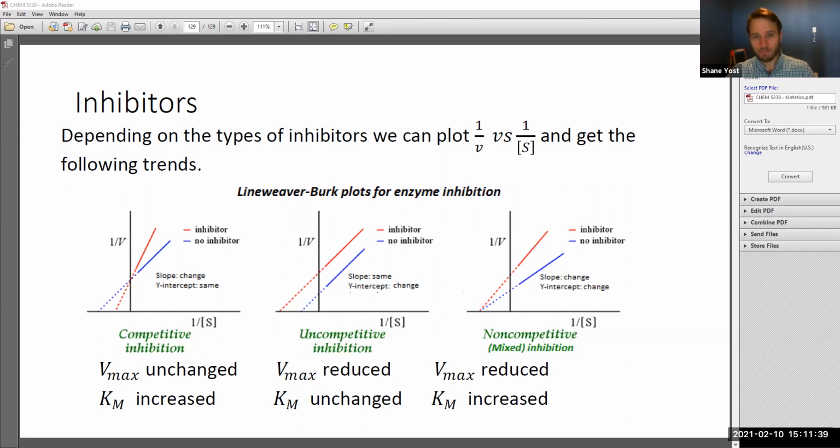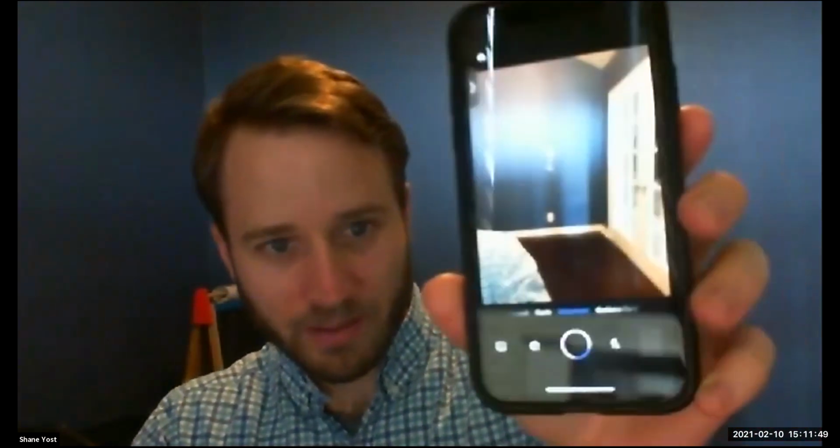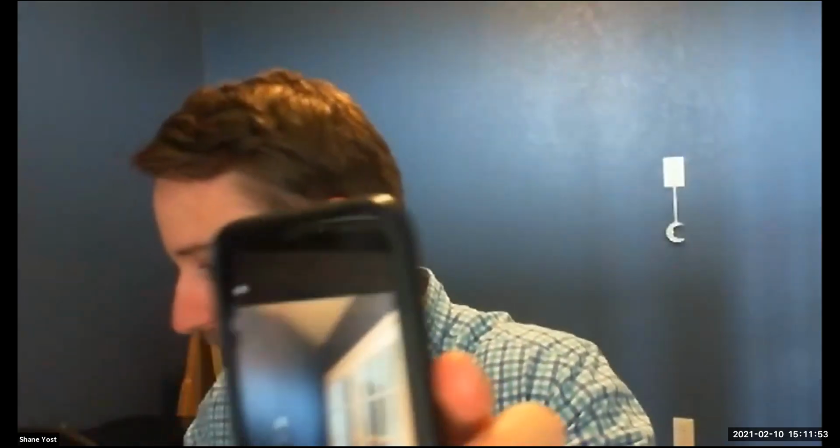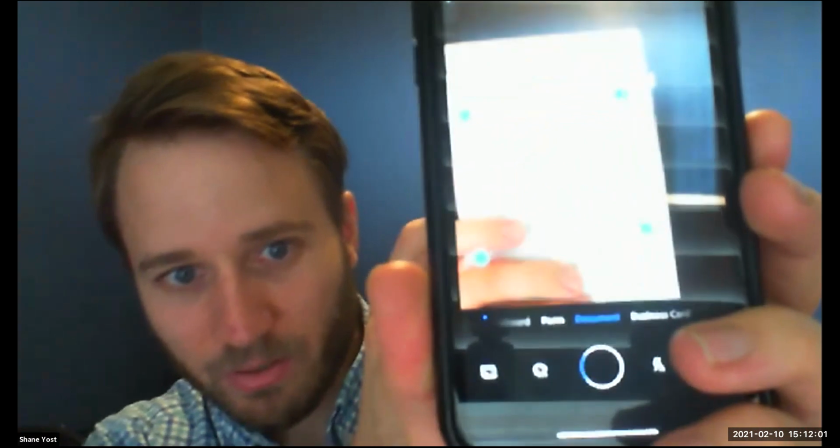Here, I can stop sharing my screen. Oh, it's already trying to scan. I already have it open, trying to scan if I had some piece of paper in front of it. On your phone, it goes like it's trying to take a picture.